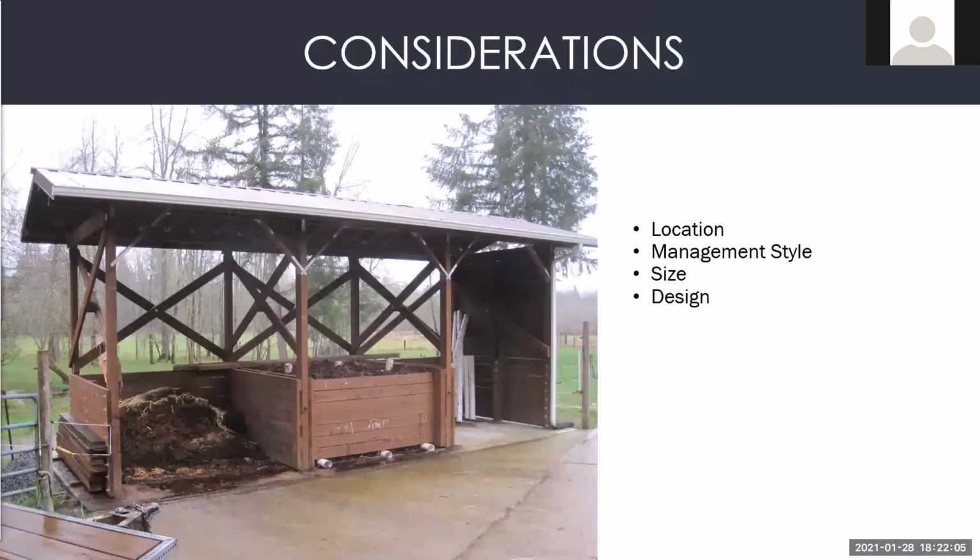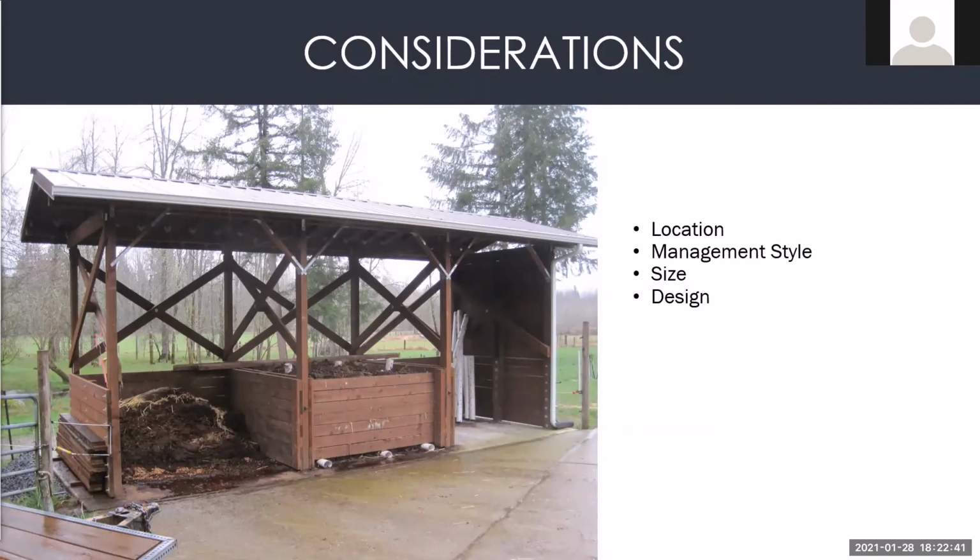Okay, so when we think about considerations for setting up a manure bin and building one, what that would look like, location is really important. And again, management style, thinking about what is going to work for you in terms of whether you want more of one passive pile, or in some cases you might want multiple piles if you're interested in composting.